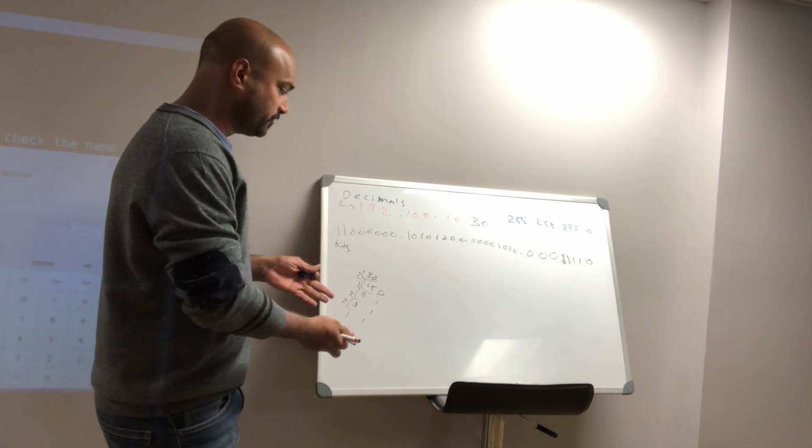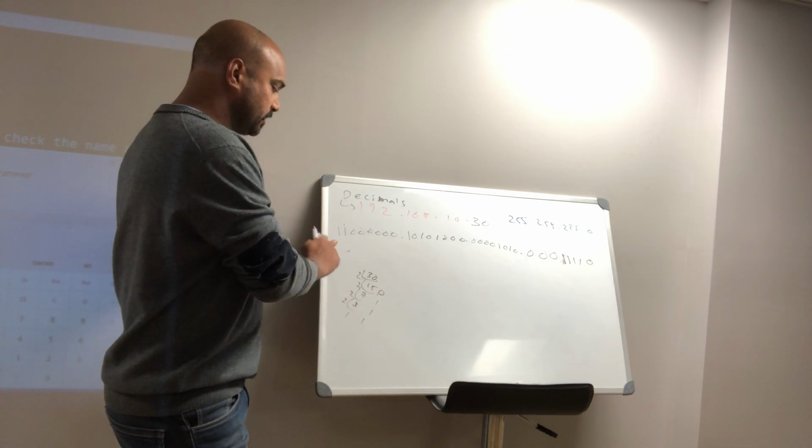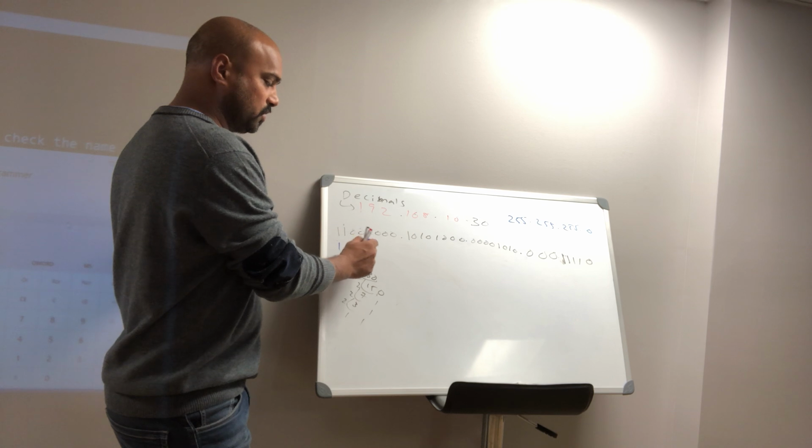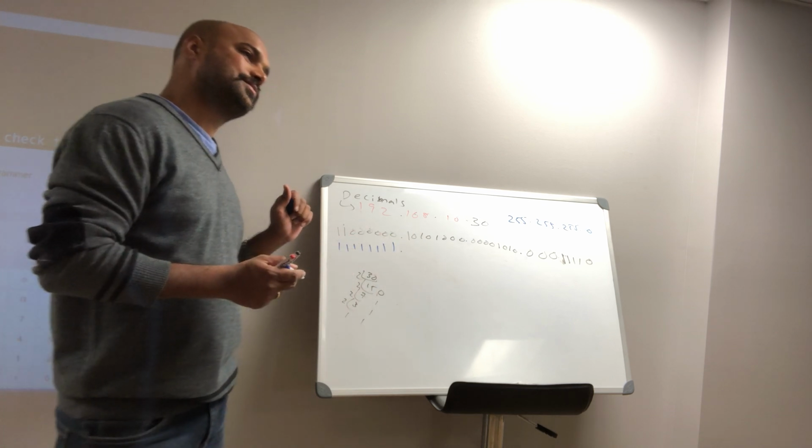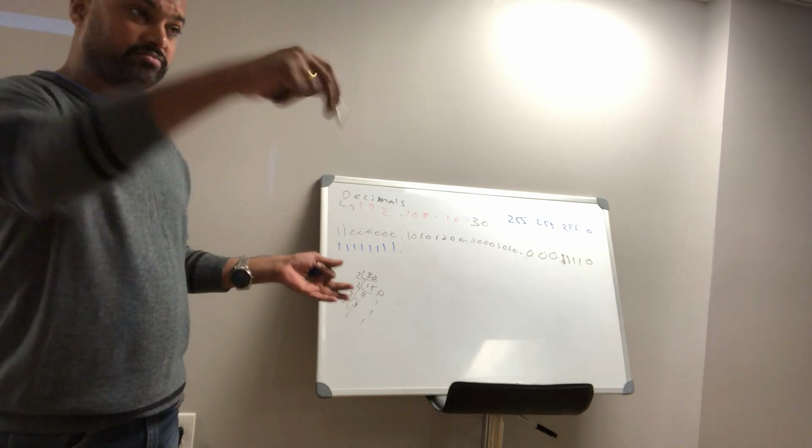If we do this conversion for 255, it is 11111111. 255 is all ones.